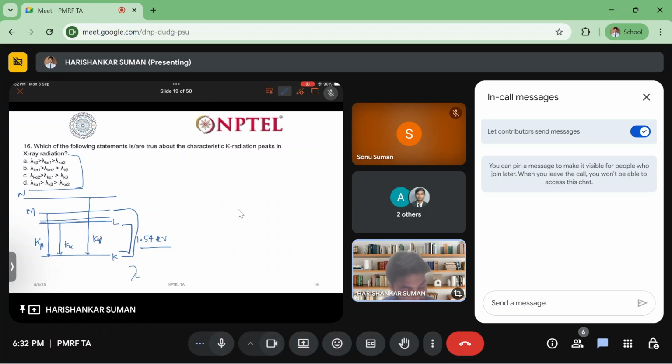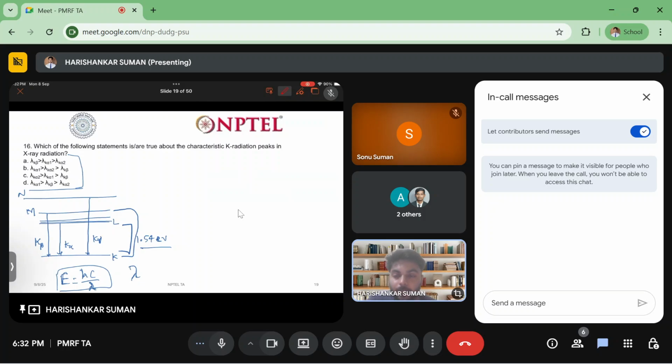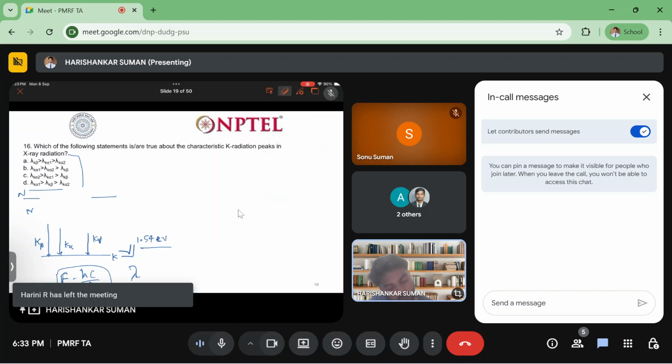Lambda equals hc by lambda, you can use this relation: lambda is inversely proportional to the energy. Now try to solve this question. Check yourself.